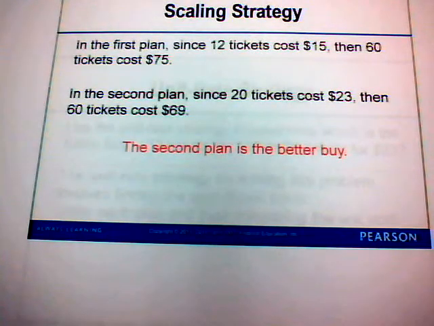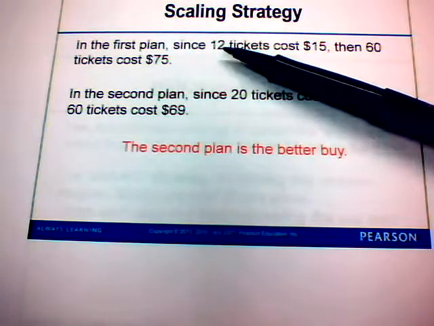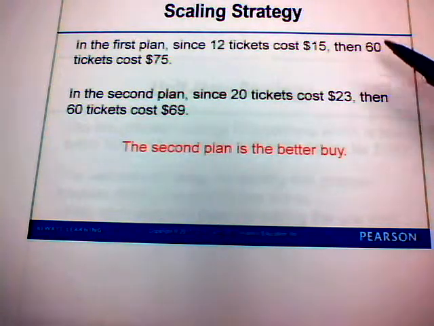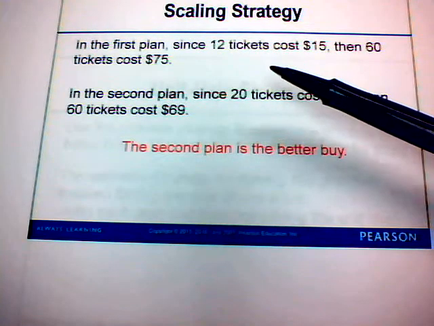So in the first plan, since 12 tickets cost $15, 60 tickets would cost $75. In other words, to get that, they multiply the 5 times 12 to get the 60, and also multiply 5 times $15, which is $75.